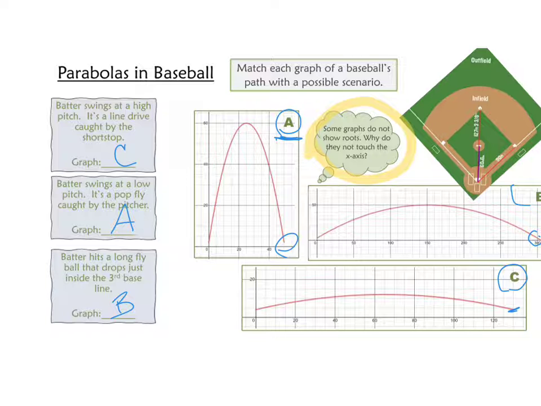So it wouldn't hit the ground right here where he hits it. It wouldn't hit the x-axis. And if the batter's ball is caught, as it is here and here, it's not going to hit the ground either, so it still wouldn't have a root on either end. Our B scenario hits the ground, so it has at least one root.